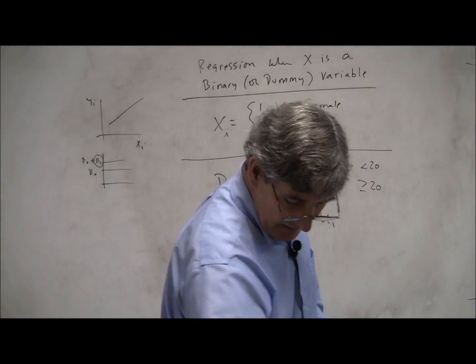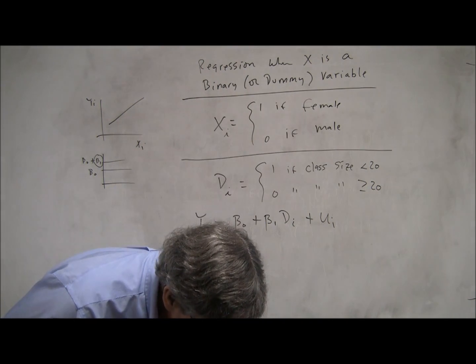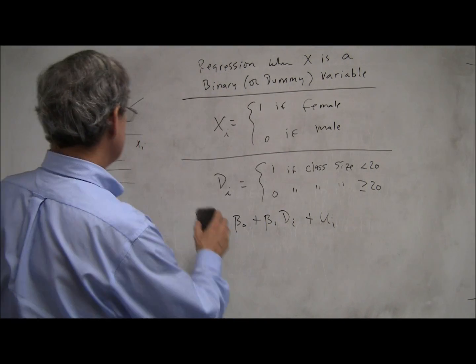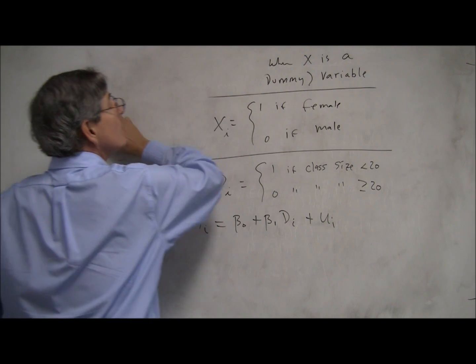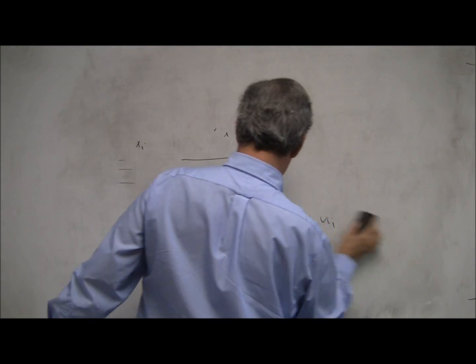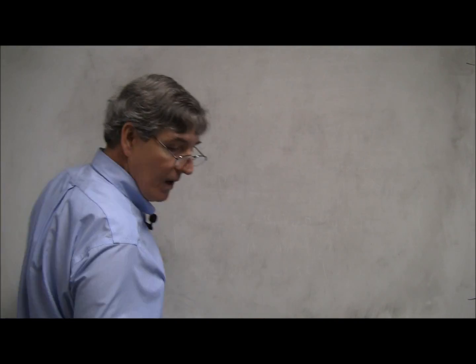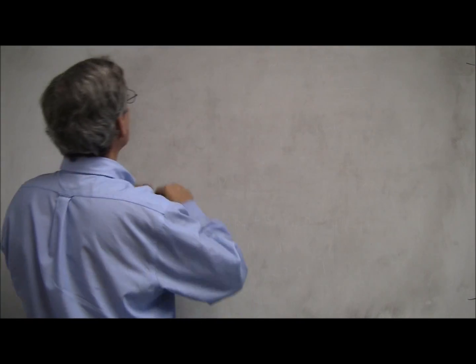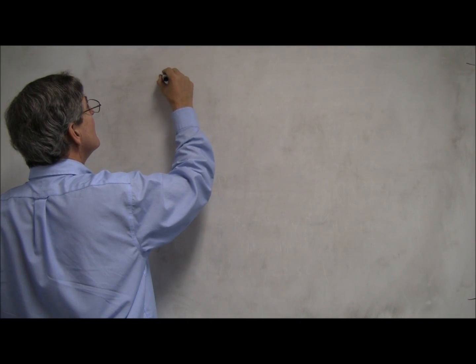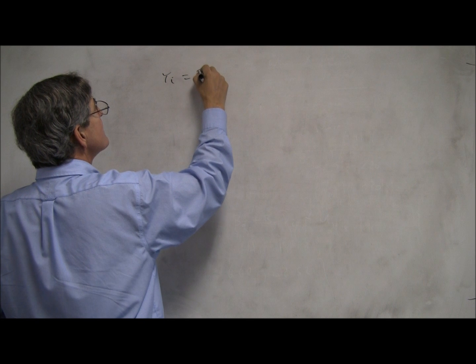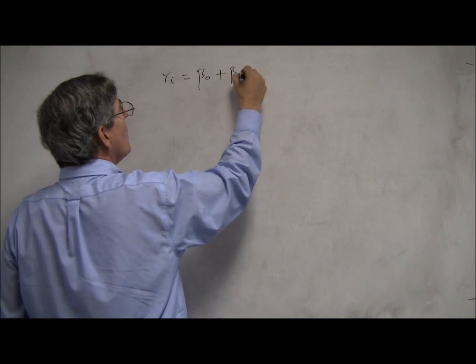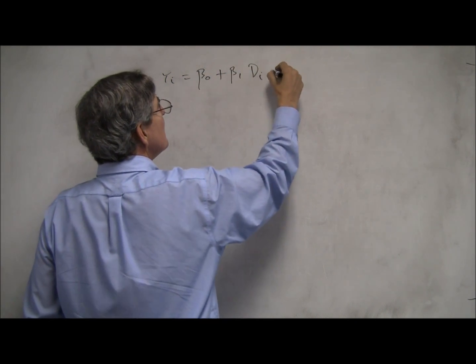Now, let me try to unpack what I just said a little bit more. Let's get rid of all the clutter here, and let me write the model again. So we have Y_i is beta 0 plus beta 1 D_i plus u_i.